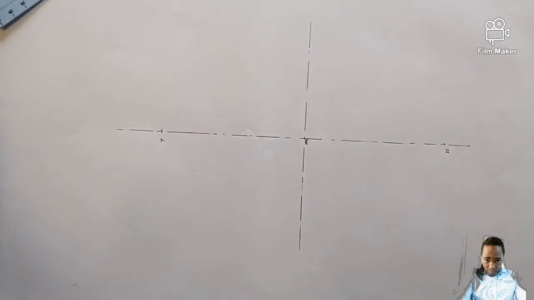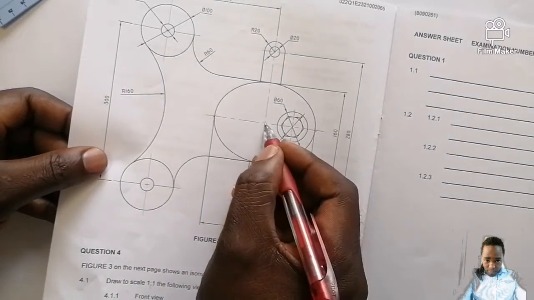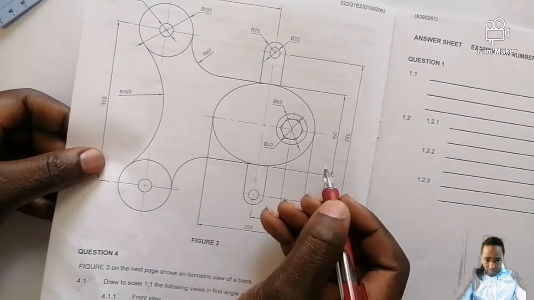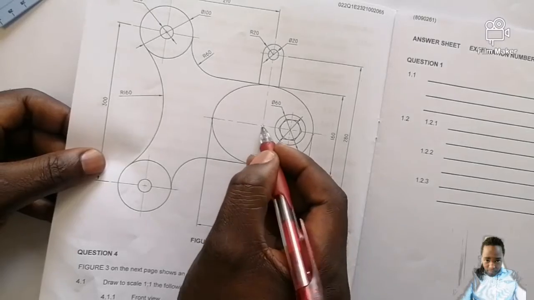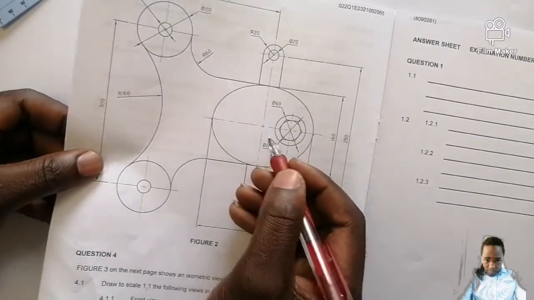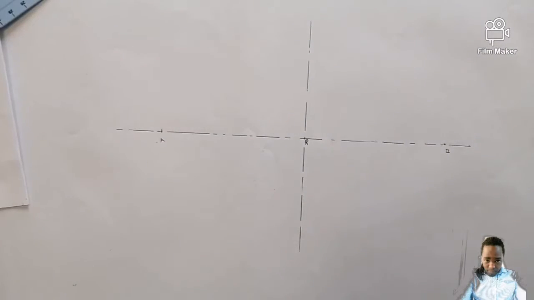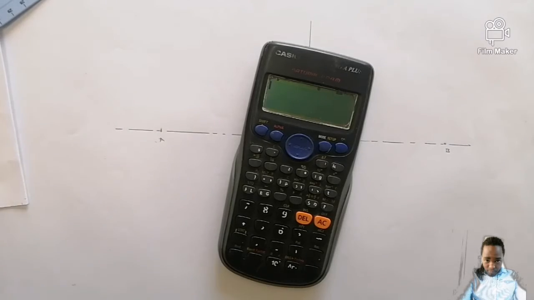So from there till here is how much? Half of 160. From here till there, half of 160. So 160 divided by 2, how much are you getting? In the exam or in the test, have your calculator.